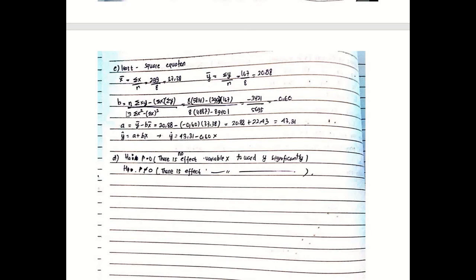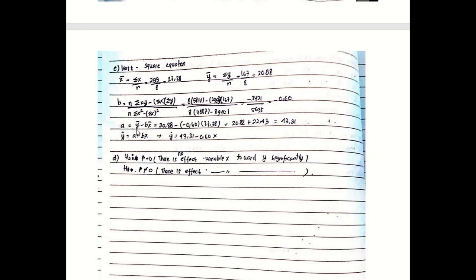So next we calculate b. The formula is n times sigma xy minus sigma x times sigma y, divided by n times sigma x squared minus sigma x, squared. Putting all the numbers in, the final result for b is minus 0.6.